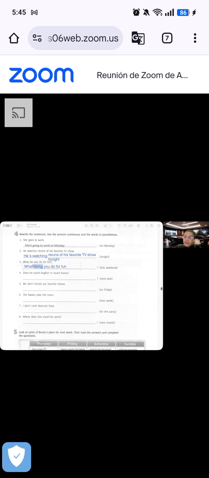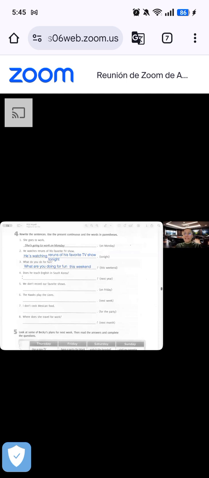What we need instead of this is the verb be. What is the verb be for you? What are you? Now the ing form of the verb. What are you doing for fun this weekend? What are you doing for fun this weekend?